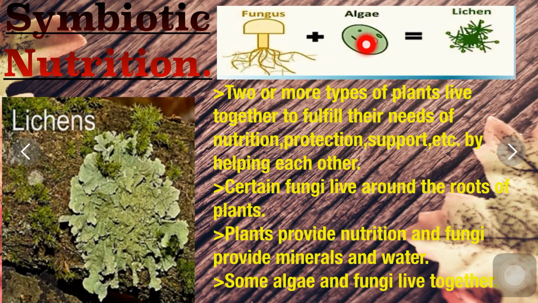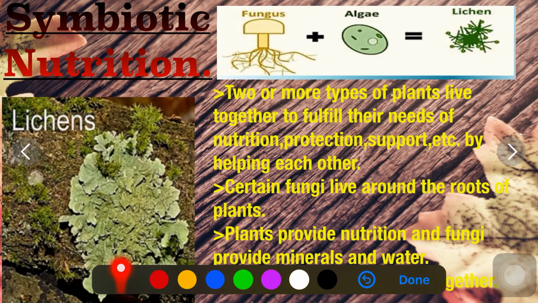In return, the algae provide food to the fungi. Lichen is an example of a symbiosis between algae and fungi. So symbiosis is nothing but a give and take mutual understanding between two plants or microbes.